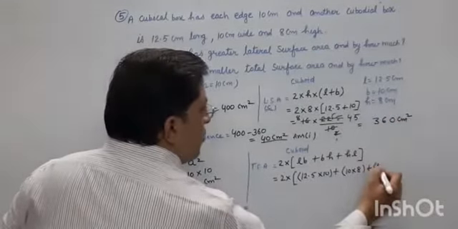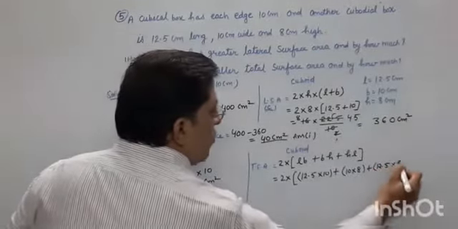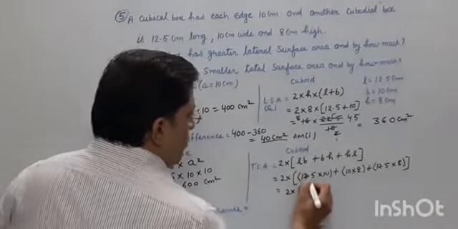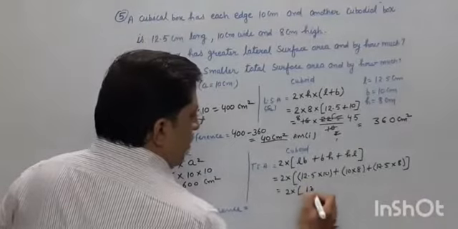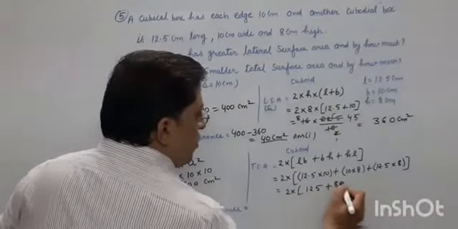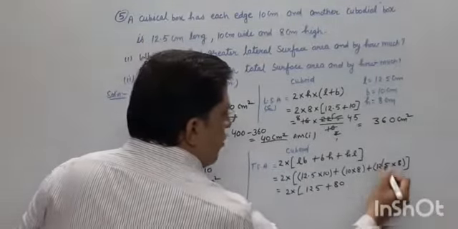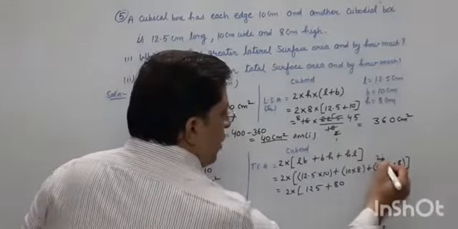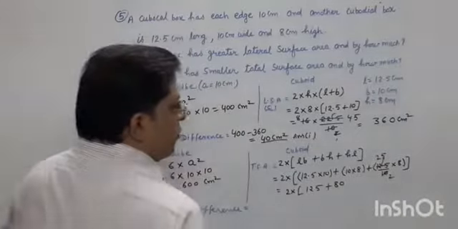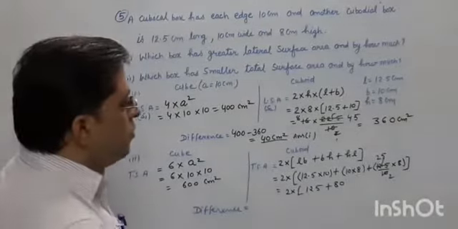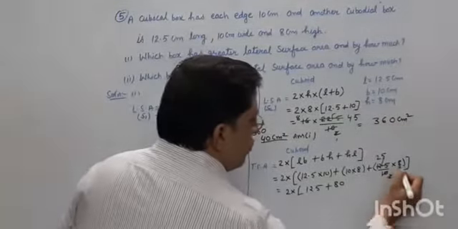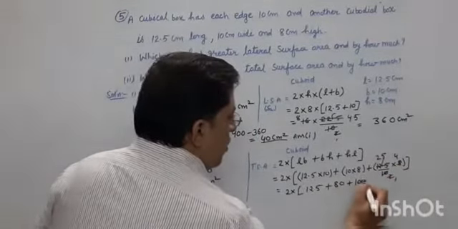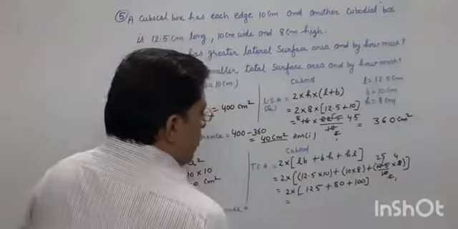Then HL, 12.5 into 8. So 2 into in bracket, this is 125, this is 80, and this is 100.